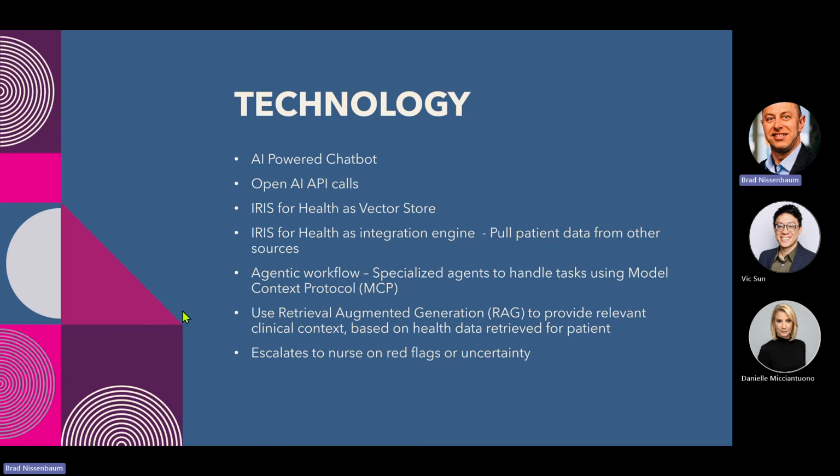It's an agentic workflow, so it's using specialized agents to handle tasks using Model Context Protocol. Then it's using Retrieval Augmented Generation, or RAG, to provide relevant clinical context based on health data retrieved for our patient. It's going to also escalate to a nurse if there are any uncertainty or red flags that are found when communicating with the patient.